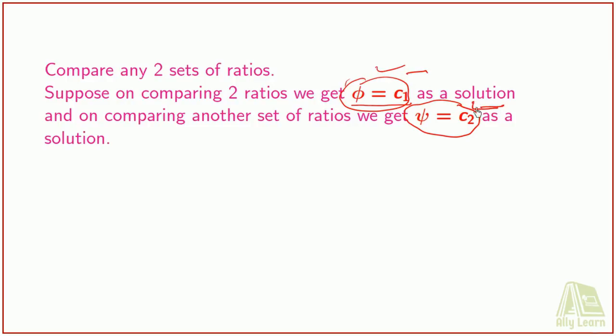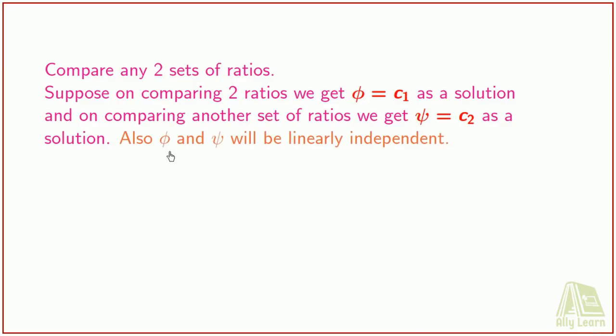So you select any two ratios, compare, and get two solutions. You need not calculate the third one. If you calculate it, it will depend on the first two. So phi and psi that we calculate will be linearly independent. This was my step 2.